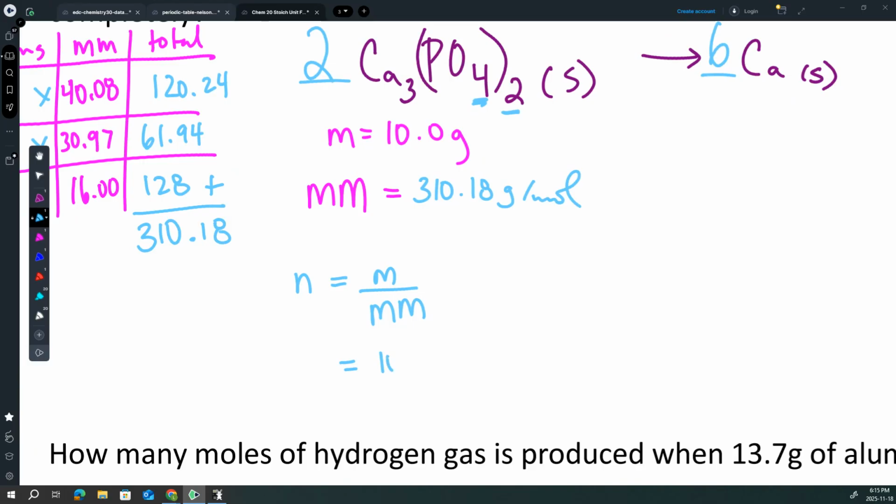So we got 10 grams divided by 310.18 grams per mole. So the grams cancels out.